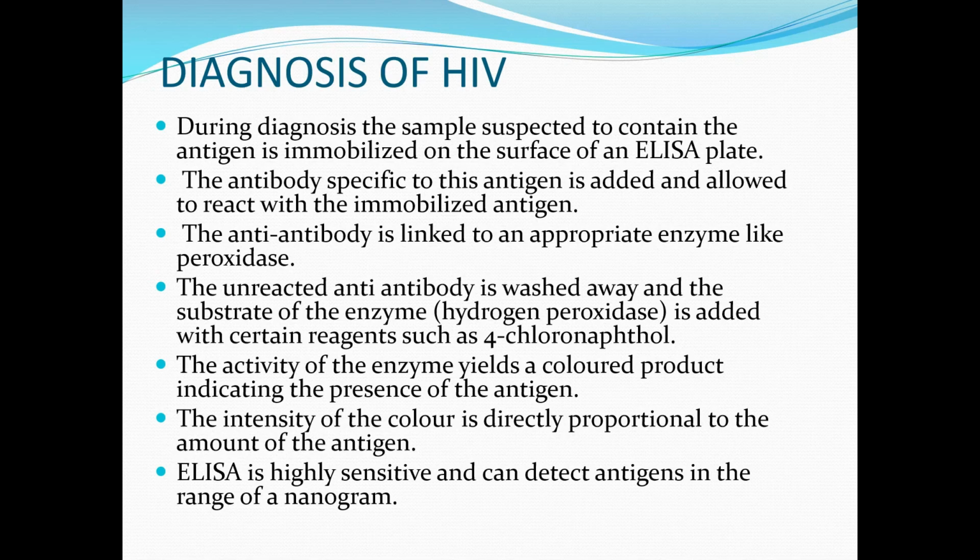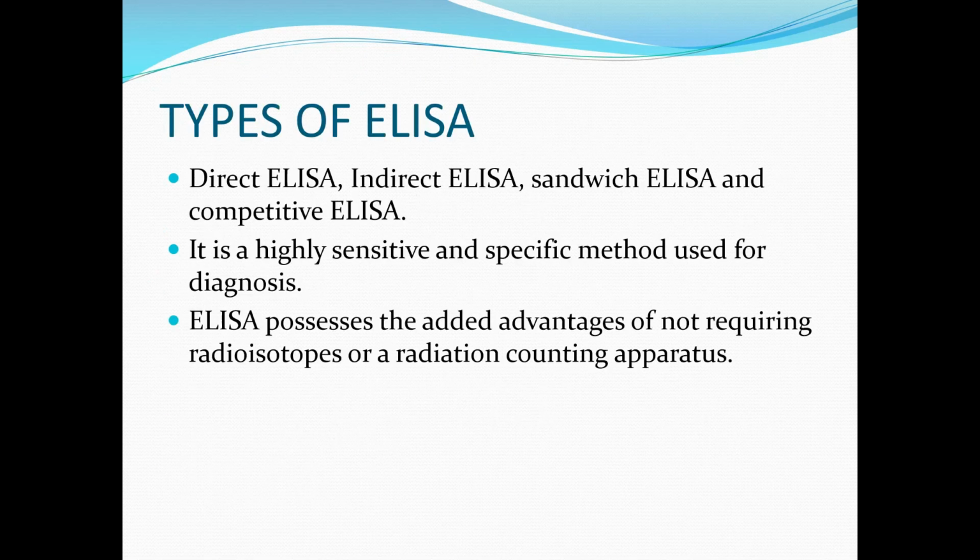The activity of this enzyme will yield a colored product. This will indicate the presence of the antigen in the serum. The intensity of the color is directly proportional to the amount of the antigen present in the sample. So ELISA is highly sensitive and it can detect the antigens even in the range of nanograms.